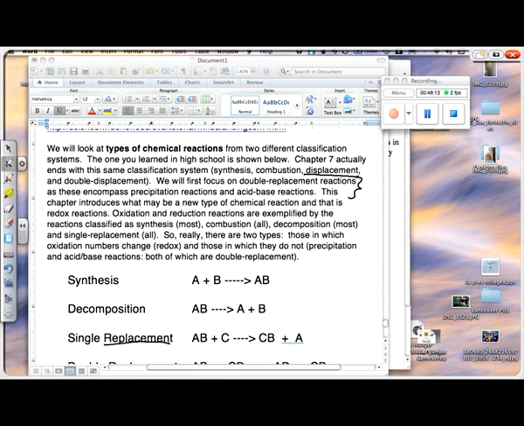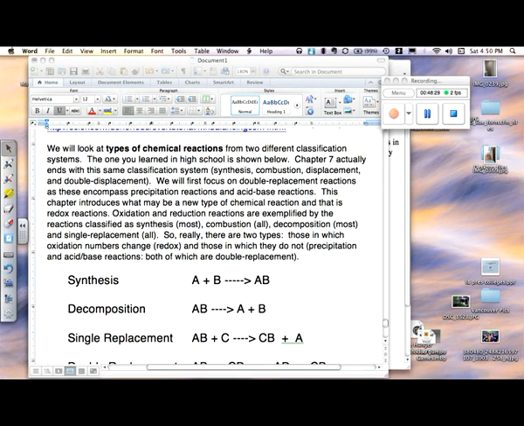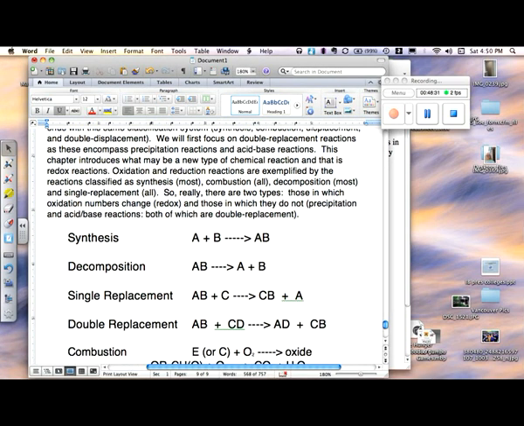And then there's a new type of reaction that we're going to talk about in this course, and that is oxidation and reduction reactions. This other type of classification system that you may have learned before is fine, and we are still going to use it. However, this book introduces the idea that really there are only 2 types: those in which oxidation numbers change, called redox, and those in which they do not, and those are all double replacement or displacement reactions.